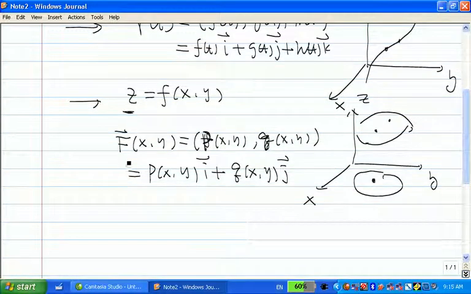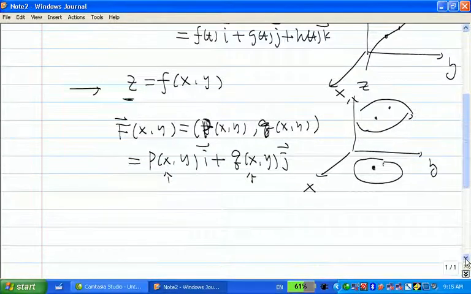So we call this kind of function a vector field. This function is more complicated because the independent variable is 2-dimensional, x and y, could be 3. And so is the dependent variable f. F has two components. One is P, one is Q.